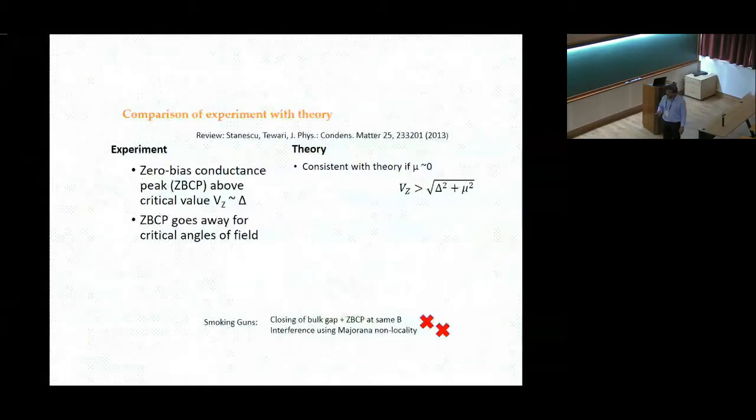The zero bias peak goes away for critical angles of the field. By that I mean, you're applying a Zeeman field along the axis of the wire, but you can rotate the Zeeman field, and the theory says if the angle between the Zeeman field and the wire axis is greater than a certain value, then the zero bias peak is going to go away if it's from a Majorana zero mode, which is what happens in experiments. So that's consistent with theory.